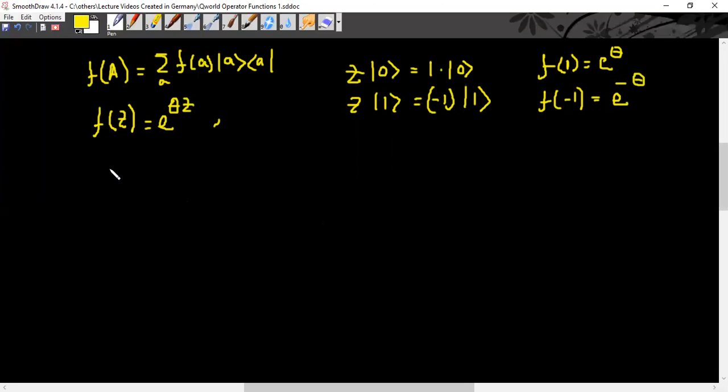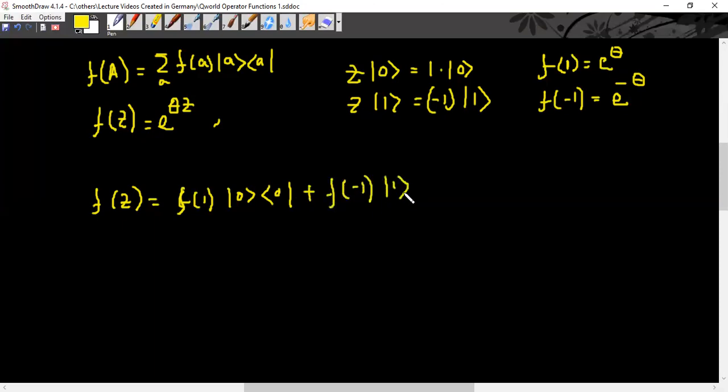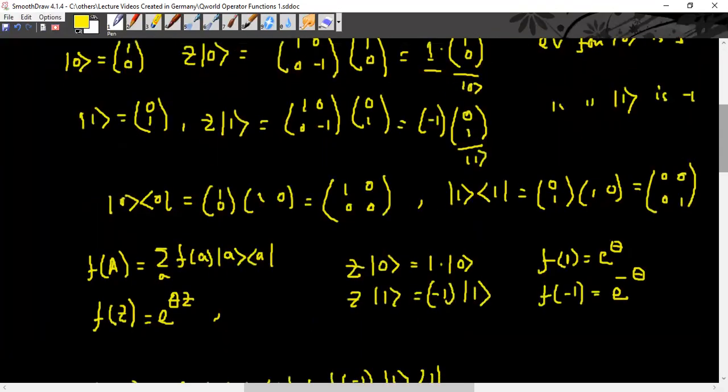So now we are going to write this. The function of Z is equal to function of 1 times the outer product ket 0 bra 0, plus function of minus 1 times the outer product ket 1 bra 1. And what is the value for that? e to the power theta, and we have got these outer products from here, right?